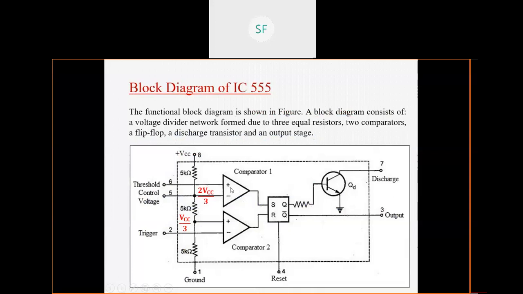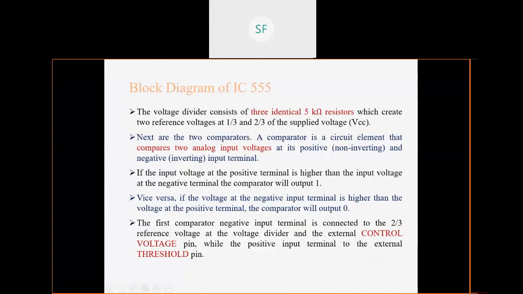Similarly, non-inverting input is nothing but threshold pin. So same point we have already discussed.